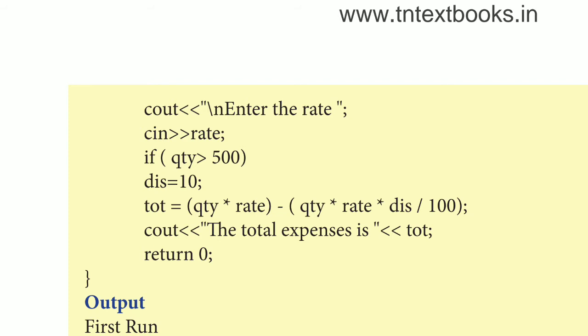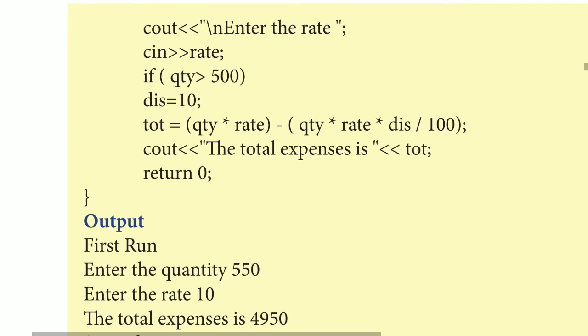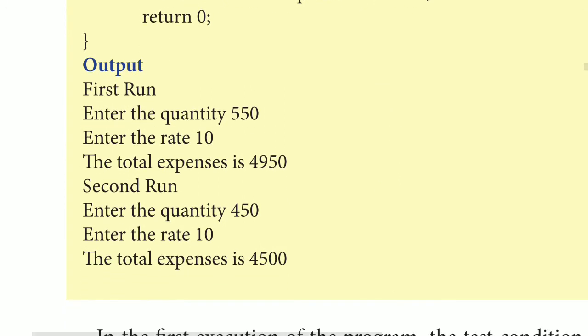Here you can see that TOT is equal to quantity into rate minus quantity into rate into discount divided by 100. This gives the TOT variable value. You can see that this is the output.